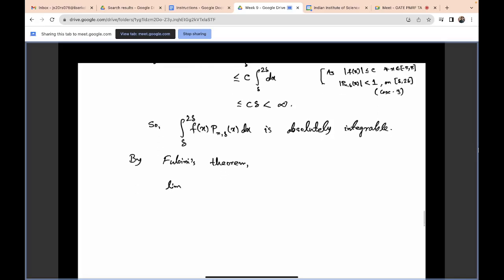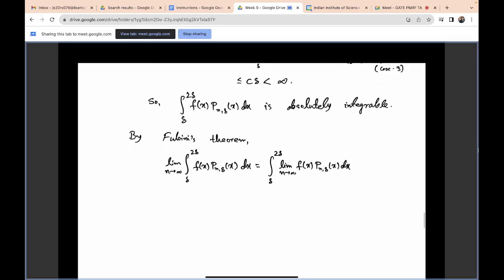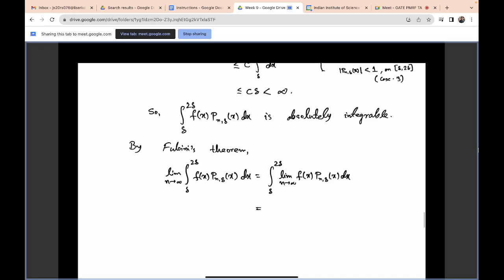So by Fubini's theorem, the limit as n tends to infinity of the integral from delta to 2 delta of f(x) P_n,delta(x) dx, you can take the limit inside. As f is n independent, what is the limit of P_n,delta in delta to 2 delta?